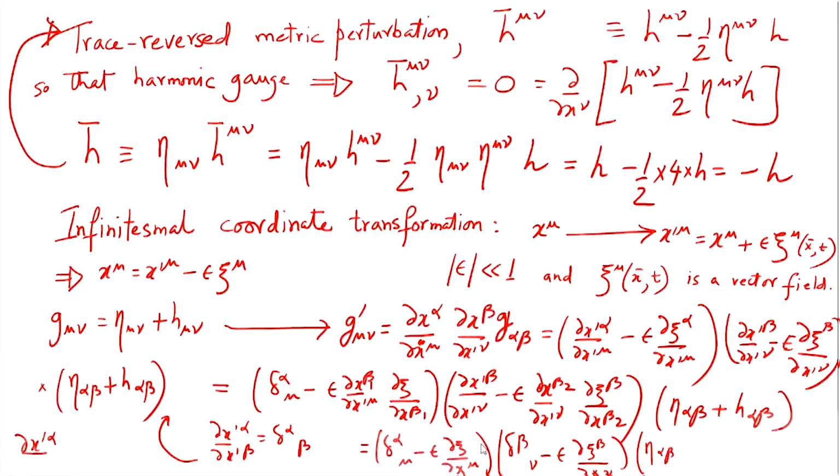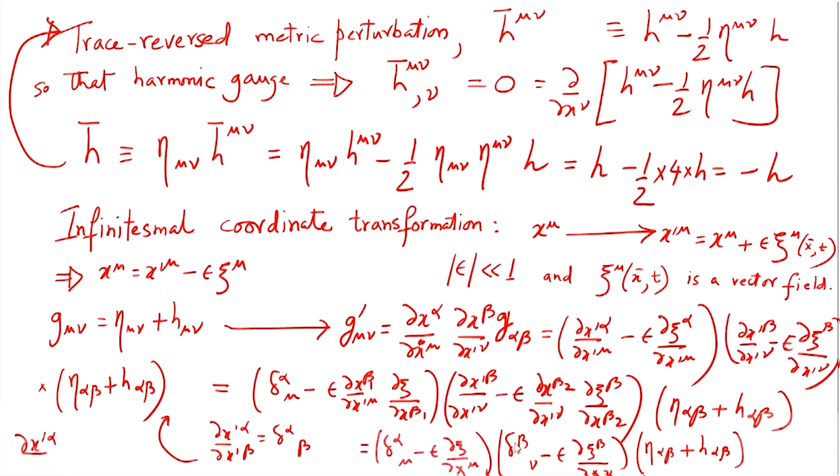multiplied by η_αβ plus h_αβ. The other corrections are quadratic in epsilon. We do not want to take quadratic corrections; we only retain up to linear order in epsilon, because epsilon is very, very tiny.